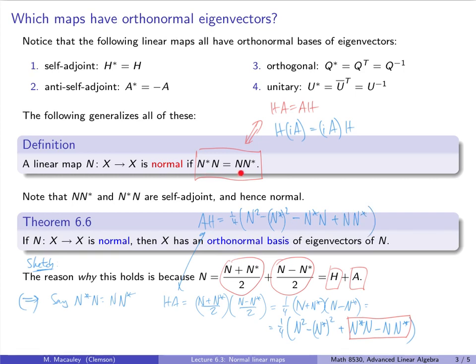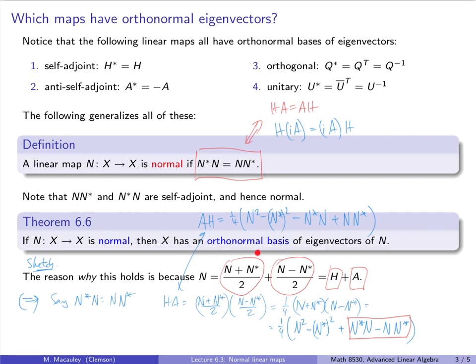So if N is normal, then these two things commute. If it's not normal, they will not commute. So that's an if and only if thing. So again, if N is normal, then H and A are commuting linear maps, and so H and iA are commuting self-adjoint linear maps. Therefore, they have a common orthonormal basis of eigenvectors, and that's what we had to show.